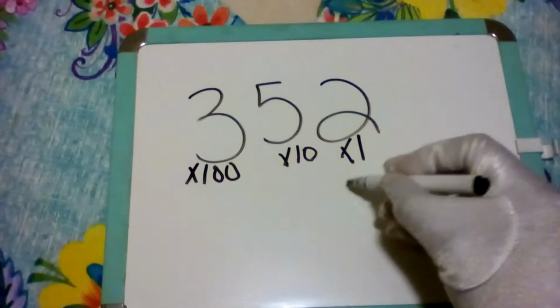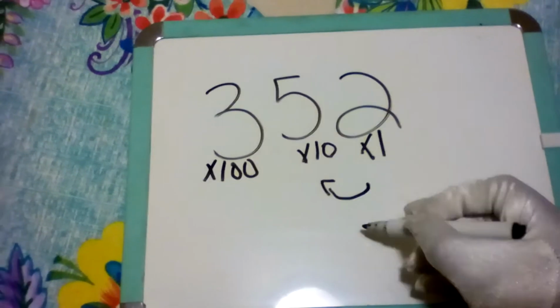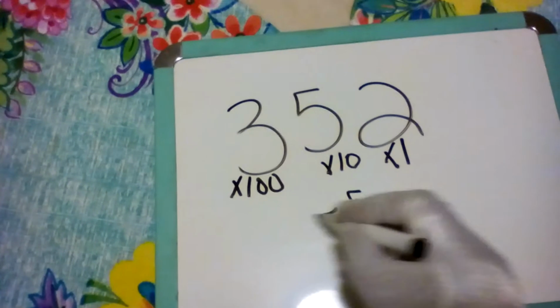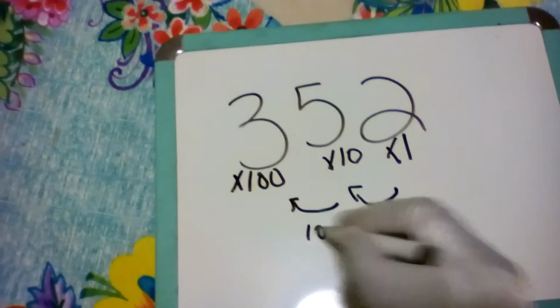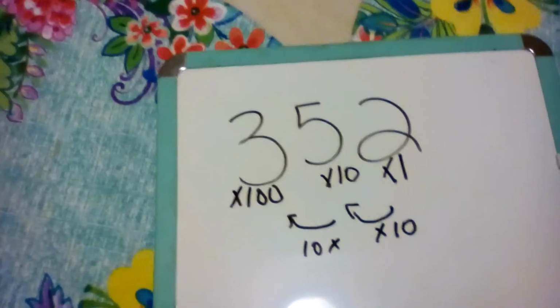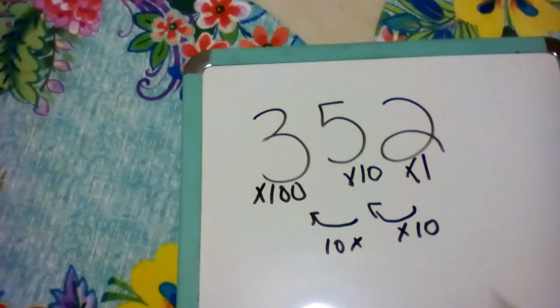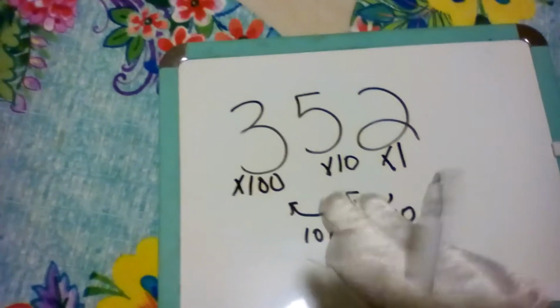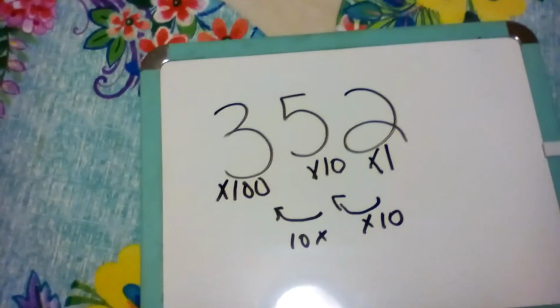So as we move to the left in a number, we multiply times 10. Let's try it out. So 1 times 10 is what? 10. And we know the tens place has a numerical value of 10. 10 times 10 is what? 100. And we know that the hundreds place has a numerical value of 100.